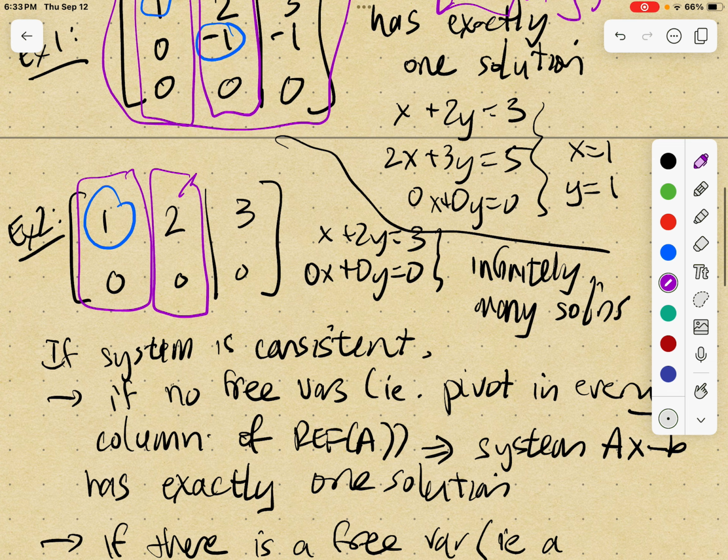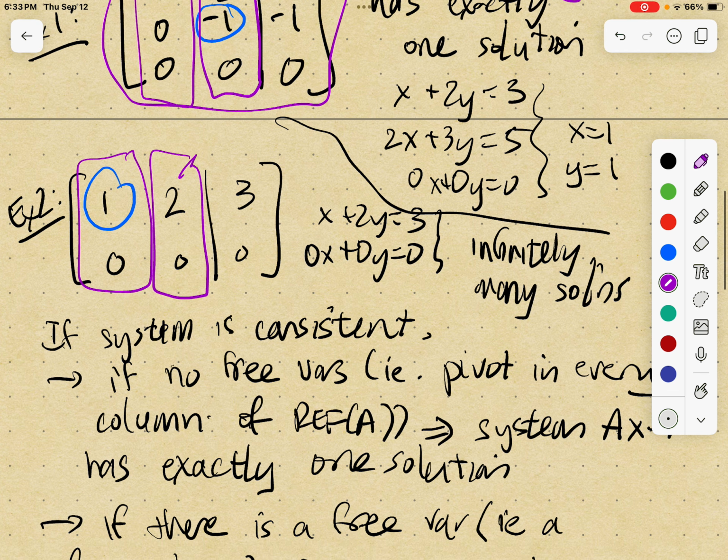On the other hand, in example 2, you only have one pivot column here. The first column is a pivot column. The second column is a free column.